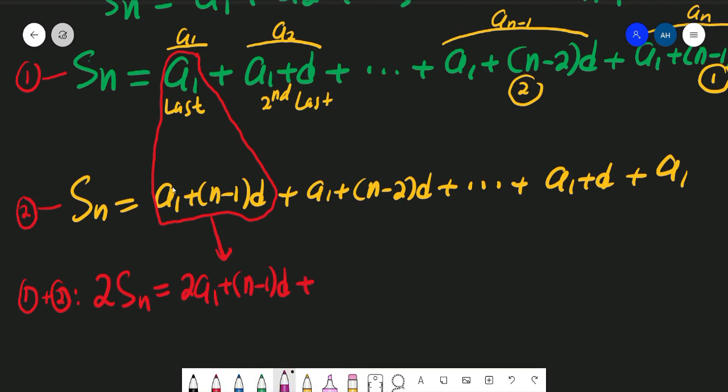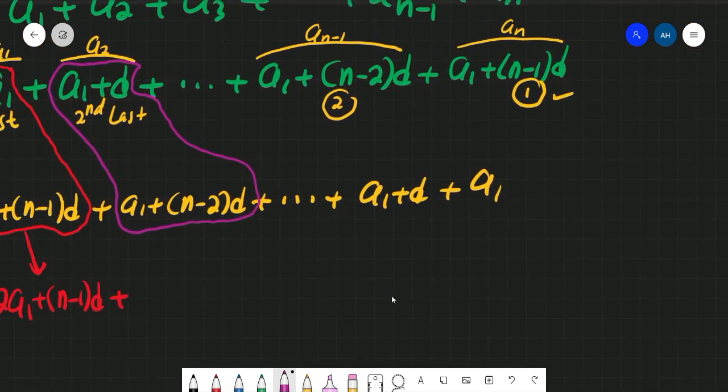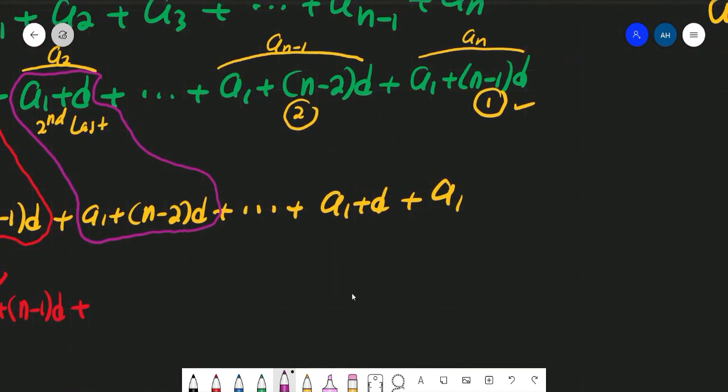Next, I'm going to add the second term up here with the second term down here. So I want to add these two terms together. Maybe we can write it somewhere to see what the sum is. We have the first term, a1 plus d, plus a1 plus n minus 2 times d.